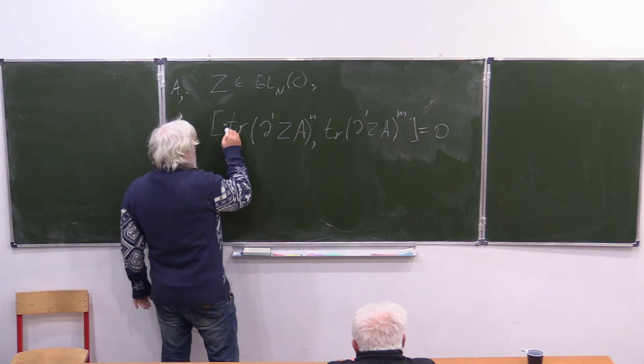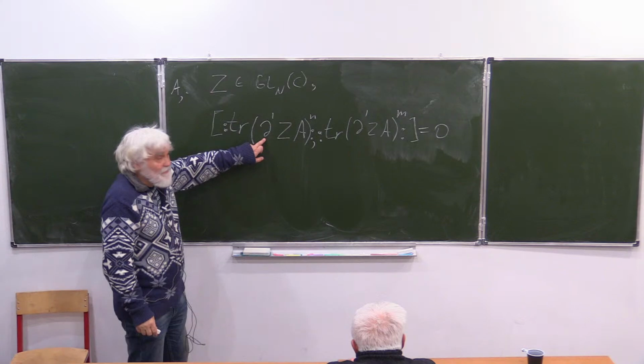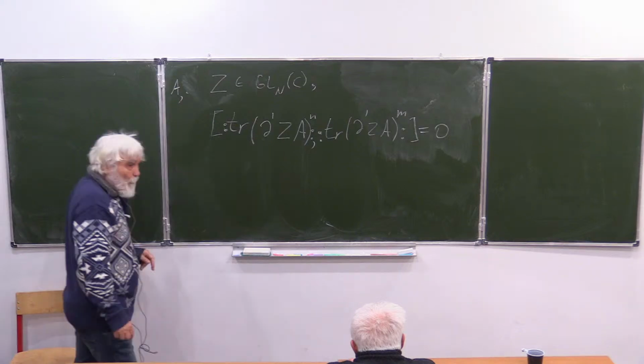We have dots here. Dots denote normal ordering. Normal ordering means that this differential operator doesn't act on the coefficients of its own operator, but acts on the coefficients of Z. I will return to the Hermitian case when I speak about random matrices.